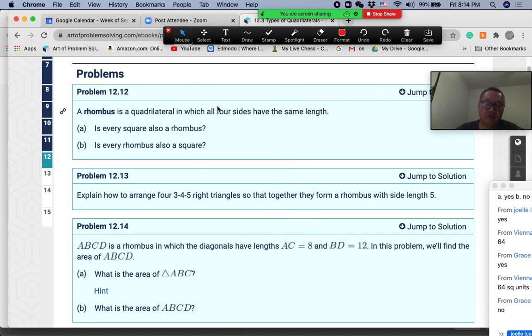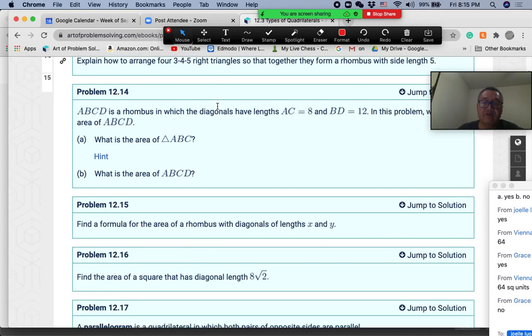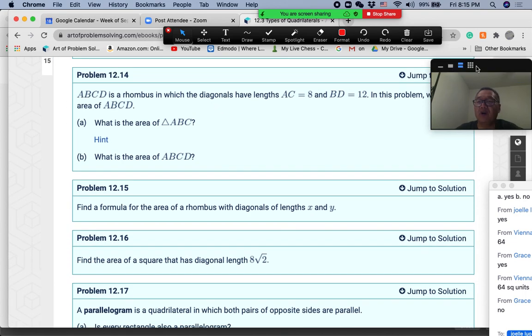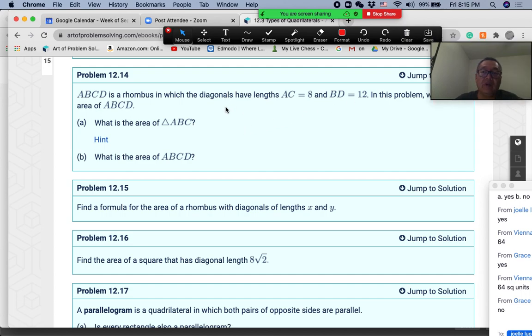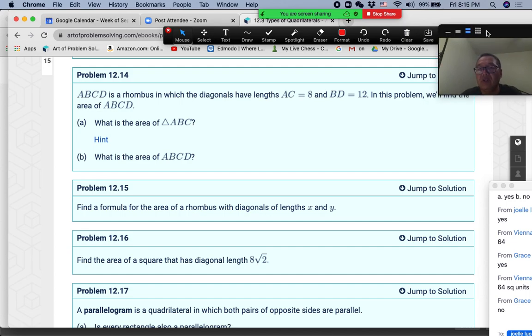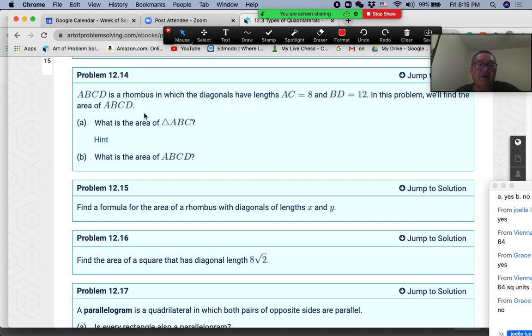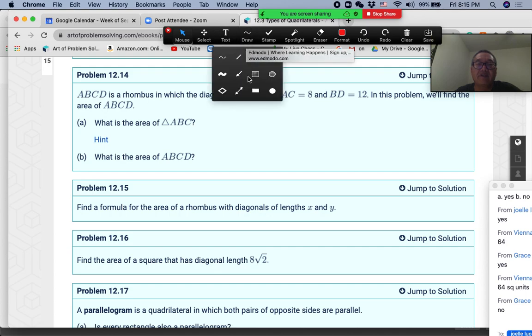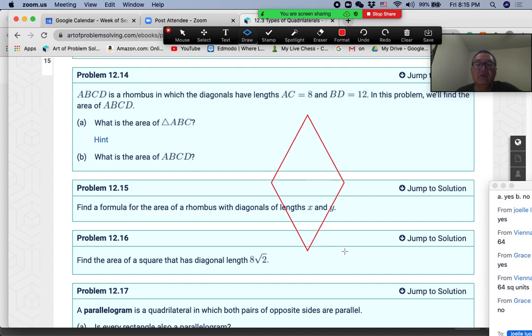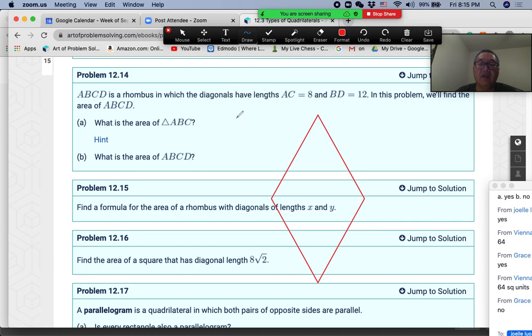Now let's go to number 12.14. So this problem: ABCD is a rhombus in which the diagonals have length AC equals 8 and BD equals 12. In this problem, we'll find the area of ABCD. Okay, so first you still need to draw a rhombus like here.